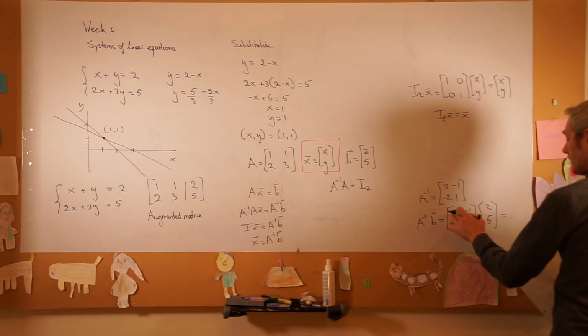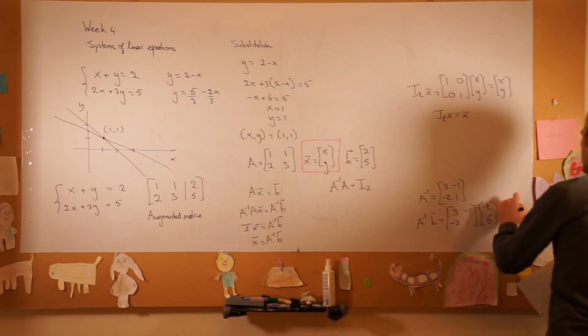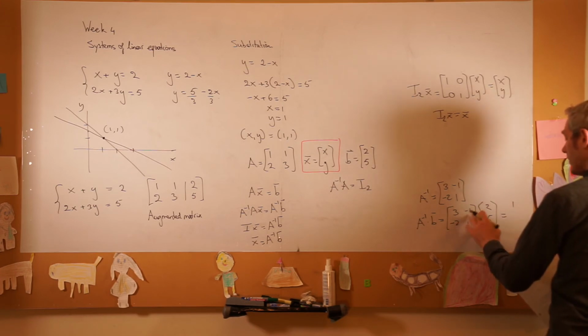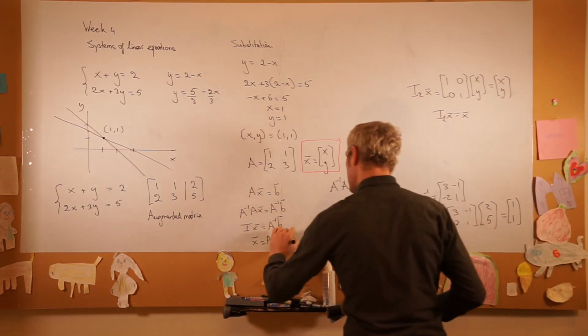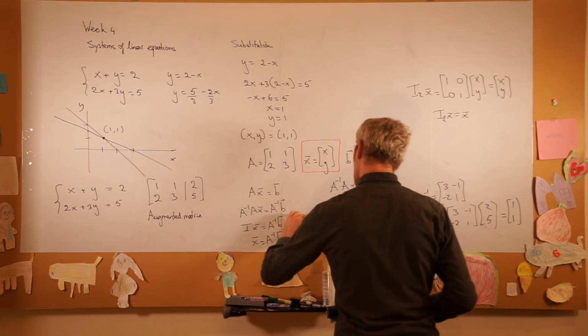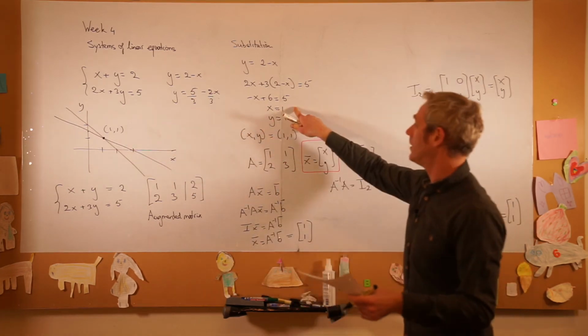Its first coordinate is 3 times 2 plus minus 1 times 5, which is equal to 1. And here we get 2 times minus 2 plus 1 times 5, which is equal to 1. And we find that this is equal to 1, 1, which is the exact same solution we found before by substitution.